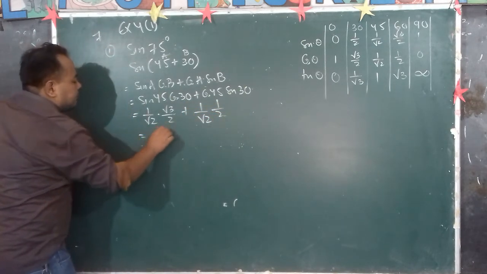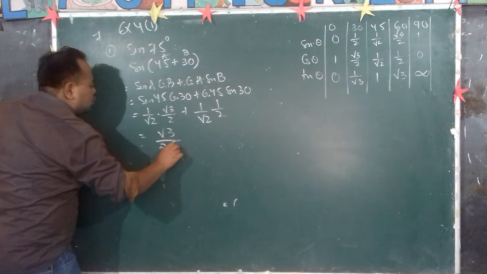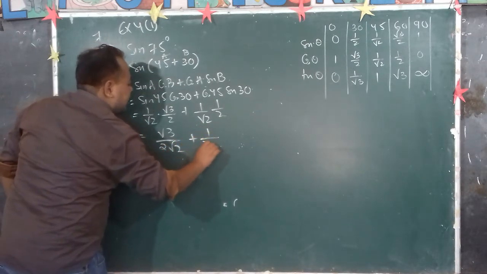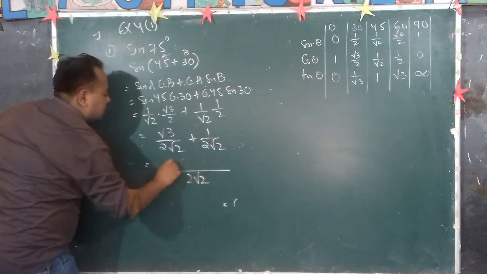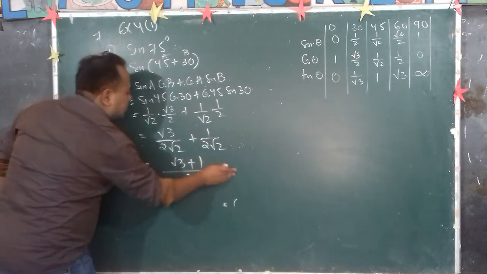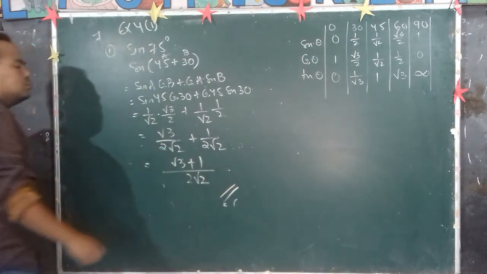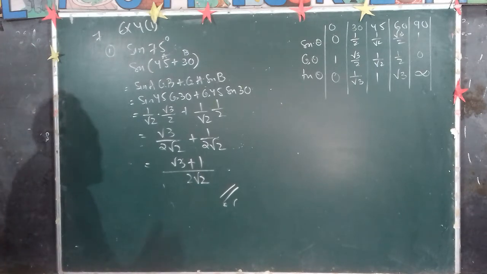So what do you get? Root 3 divided by 2 root 2 plus 1 divided by 2 root 2. The LCM is 2 root 2, so your answer is root 3 plus 1, divided by 2 root 2. So this is how you find the value of sine 75.